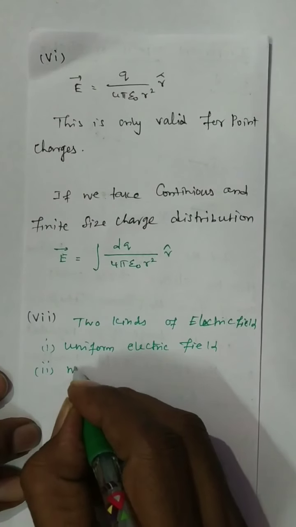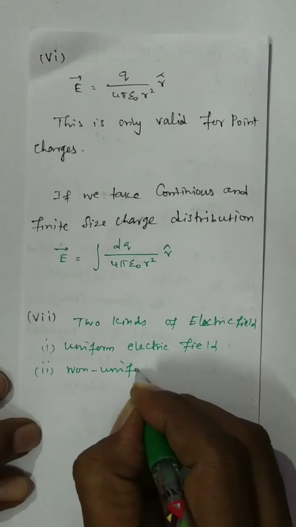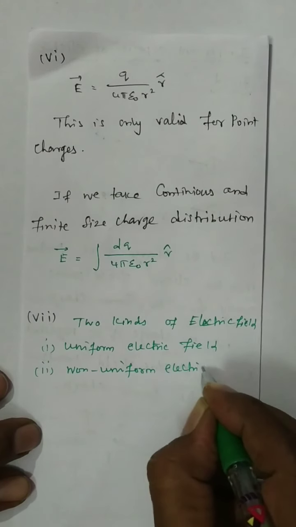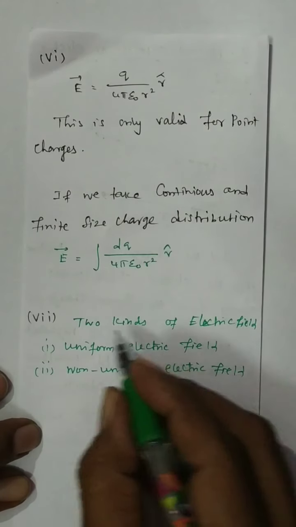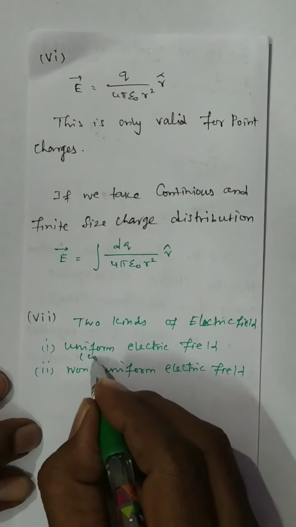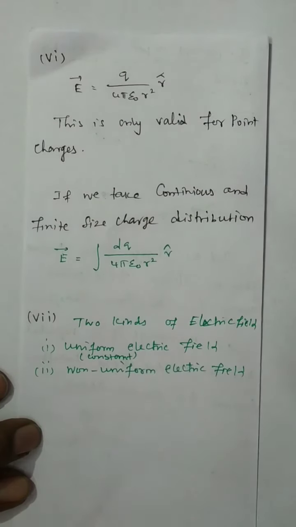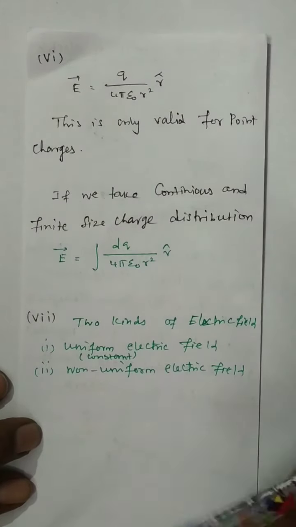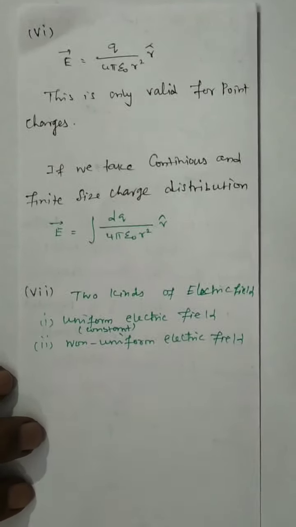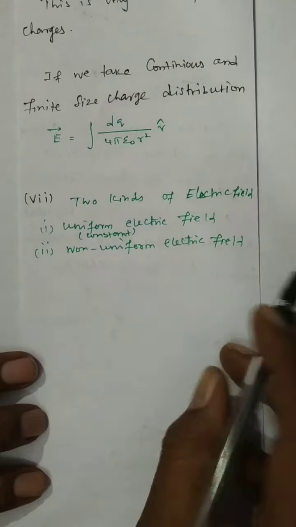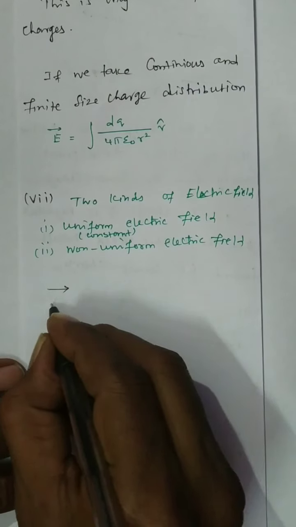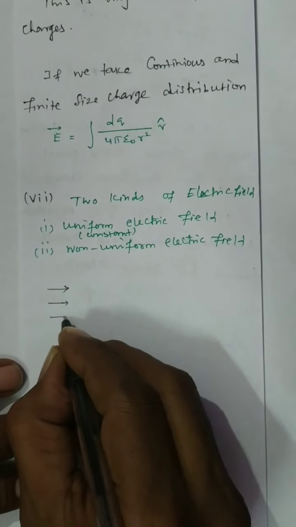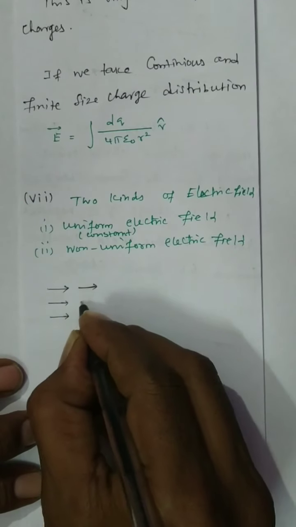Uniform electric field is nothing but constant electric field. Non-uniform electric field is not a constant electric field. Electric field is a vector quantity, so we can draw it like this. All the arrows are the same length, acting in the same direction.